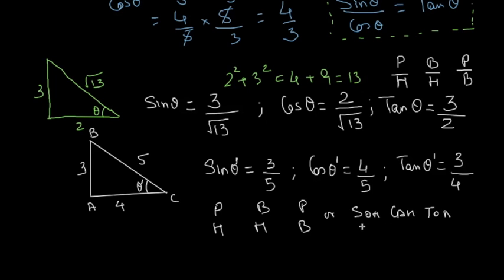And I'm telling you, it's going to be very good practice for you, till the time you get really, really well accustomed with these terms, that is, sine is perpendicular over hypotenuse, cos is base over hypotenuse, and tangent is perpendicular over base. It is going to be very, very good practice that you write these mnemonics.